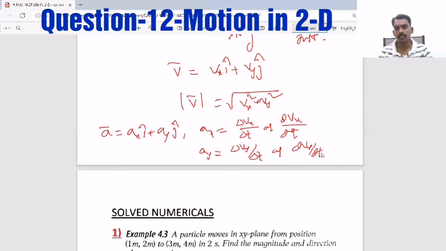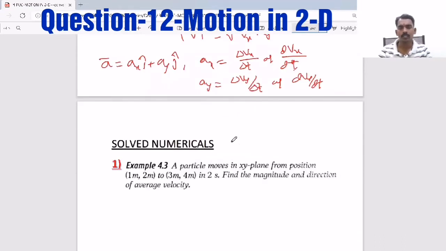This is the acceleration of the particle in two-dimensional motion. There are two components at every instant, so there can exist two velocity components and two acceleration components. These are the quantities associated with a particle in two-dimensional motion.